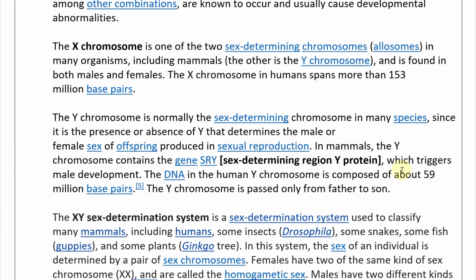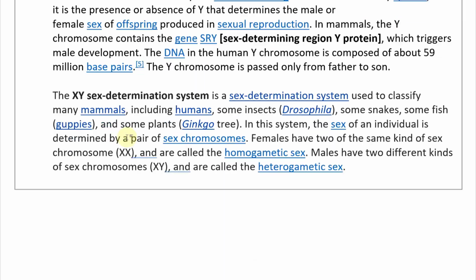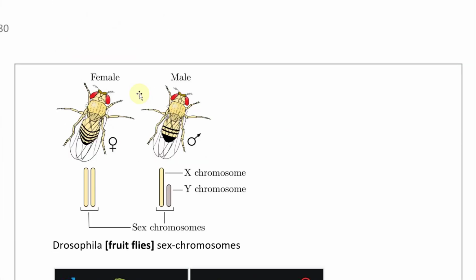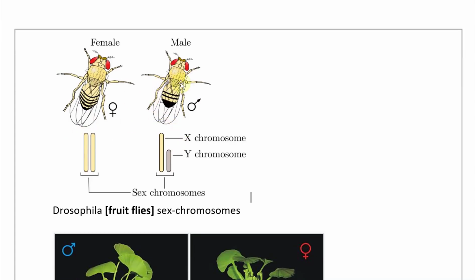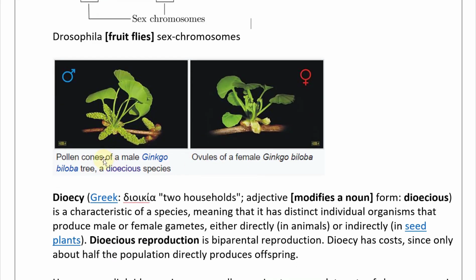If you compare, the Y is 59 million base pairs for humans, and the X chromosome is 153 million base pairs, so almost 3 times bigger. Notice the different characteristics of this one: the female looks like this, a bit bigger than the male one, and the male looks like that. Note the stripe pattern in this animation. And continue further.